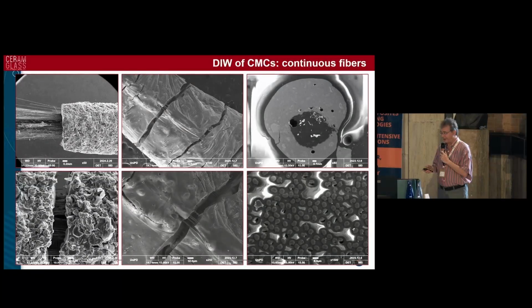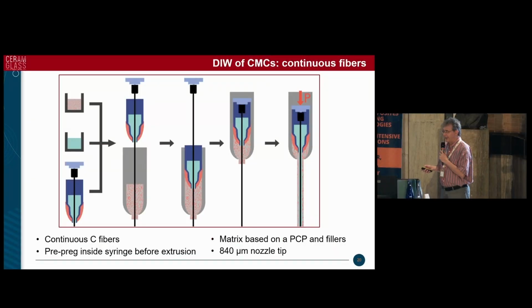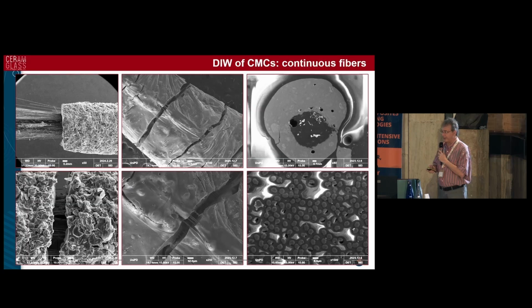Part of the voids come also from the fact that we are applying pressure to the entire system, and it's difficult to have a gas-tight system that does not have the infiltration of some gas within the slurry while you're printing it.